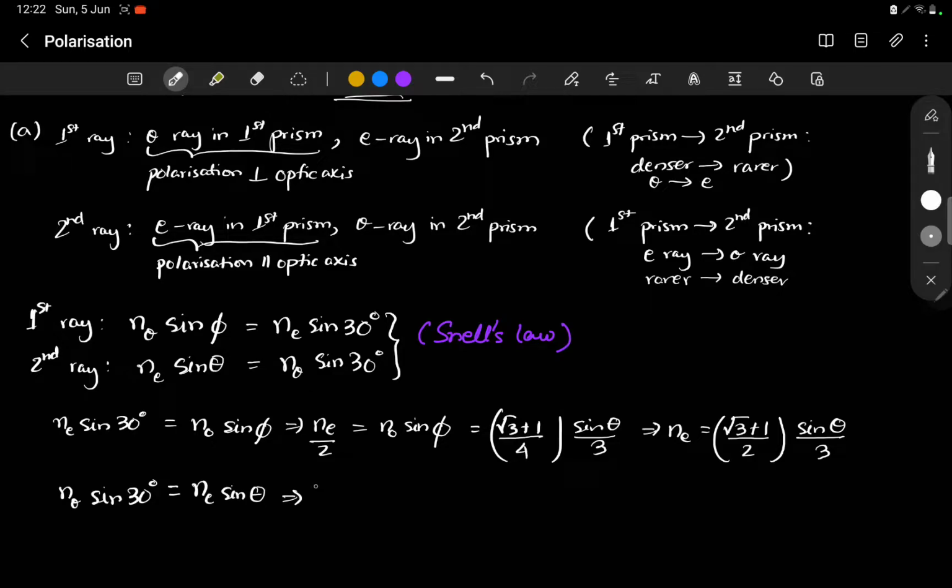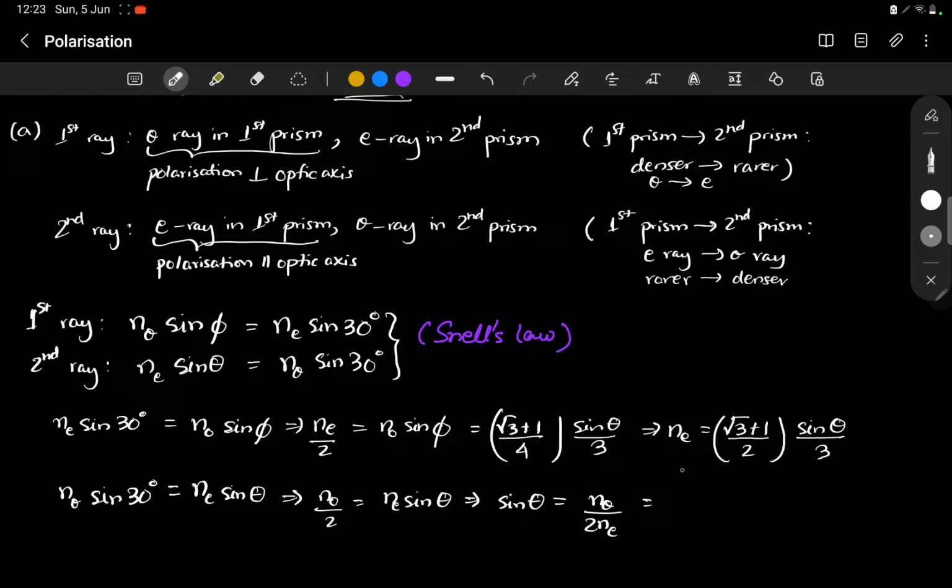So from here we get sine theta. First let me write down the value of sine 30 degrees. This is half, so No divided by 2 is equal to Ne sine theta. So this gives us sine theta is No over 2Ne.